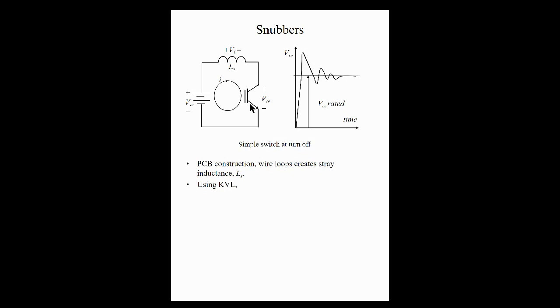Let us analyze this circuit. Let us say I'm using this power switch here, and this is on a PCB. So we have here what we call the wire loops, and all of this is modeled as shown here. Let us use Kirchhoff's voltage law to analyze this circuit. Starting from this point, the V in, we will go around this loop.